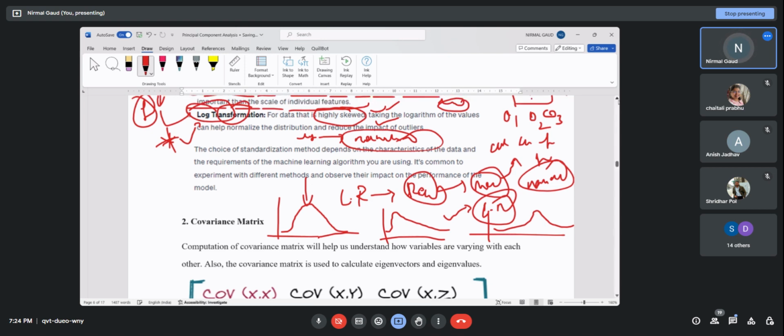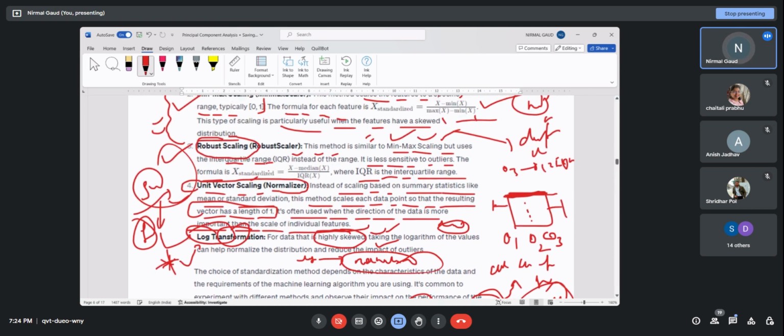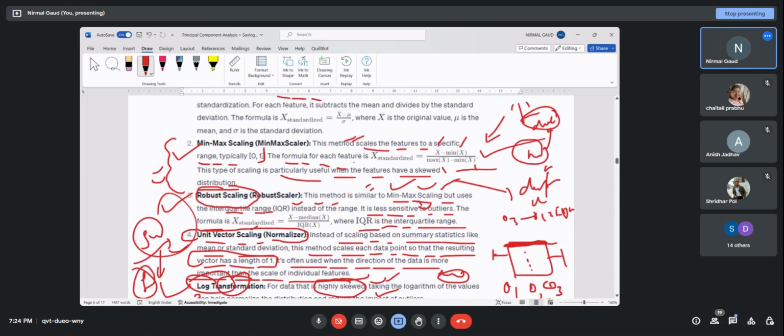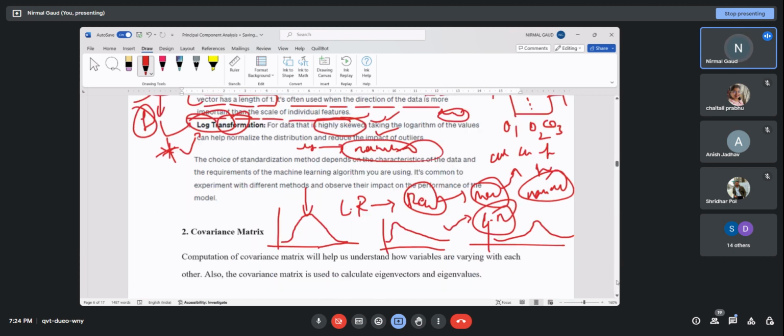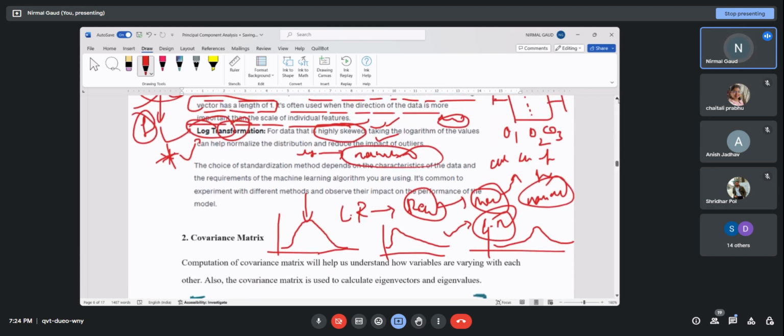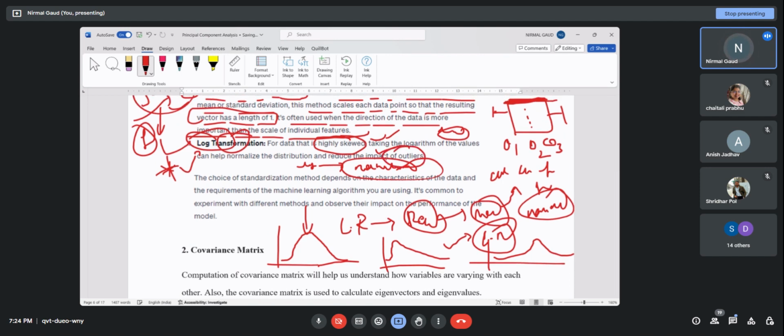Of course robust scaling is also there. Robust scaling is also less sensitive to outliers. And min max scaling also deals with skewness. But log transformation is much better when you are dealing with highly skewed data and also the impact of outliers. The impact of outliers you can tackle with the robust scaler.